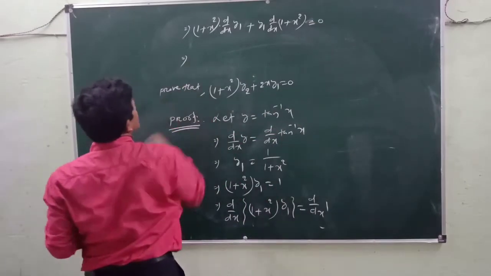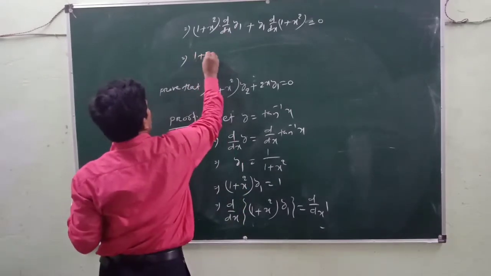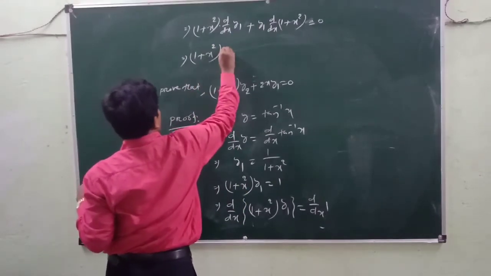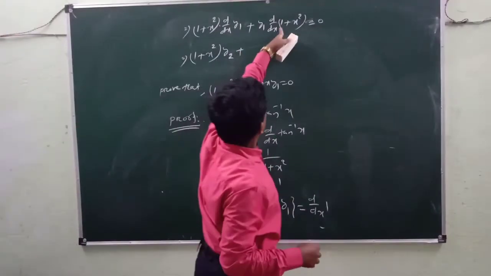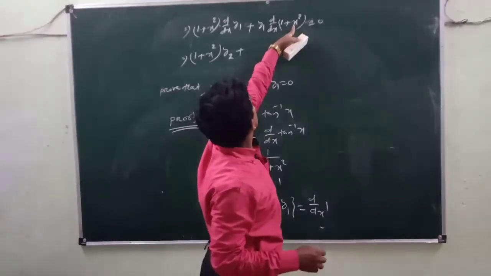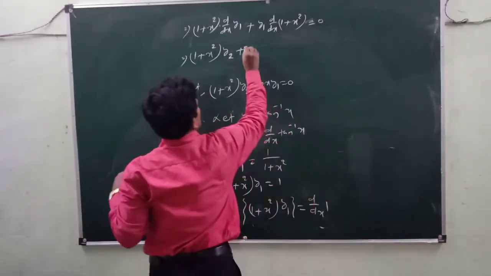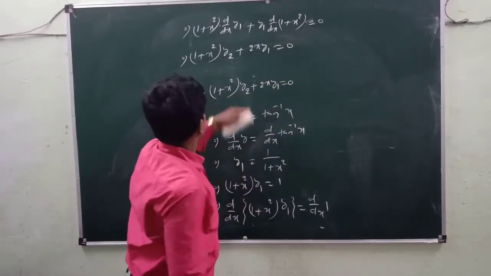That implies here the derivative of y1 will be 1 plus x square into y2. Again the derivative of 1 plus x square: the derivative of 1 is 0, the derivative of x square is 2x, so this will be 2x y1, equal to 0. Look, the proof is done.